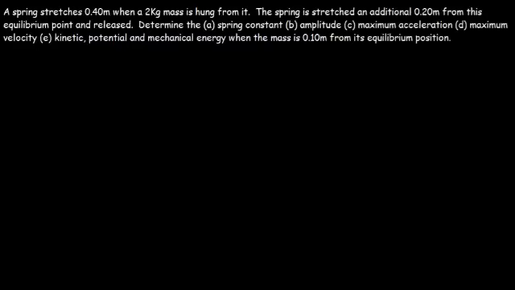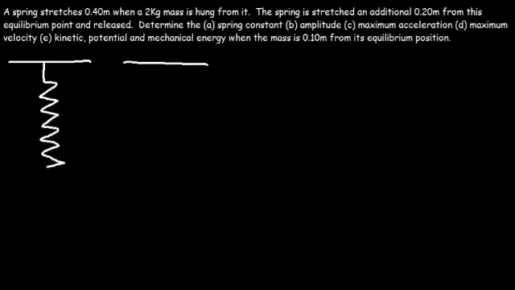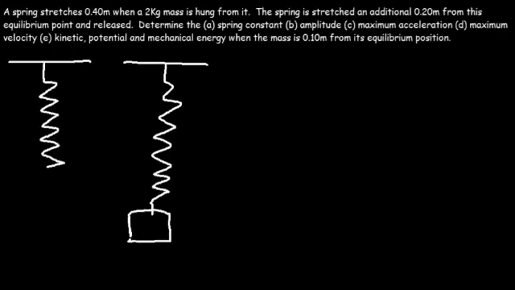In this problem, we have a vertical spring. So let's say this is the spring without a mass attached to it. Now once we add a mass to it, it's going to stretch. Now it stretches by 0.4 meters. So this is the new equilibrium position of the mass.